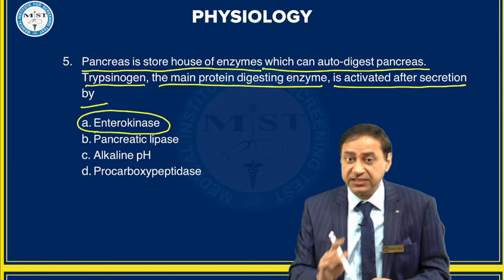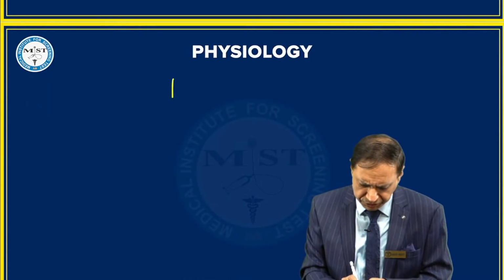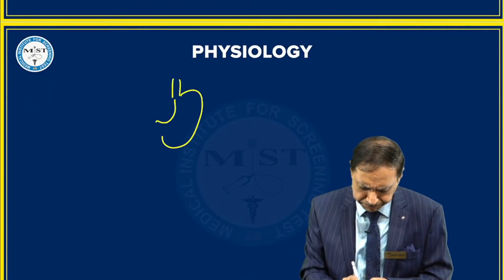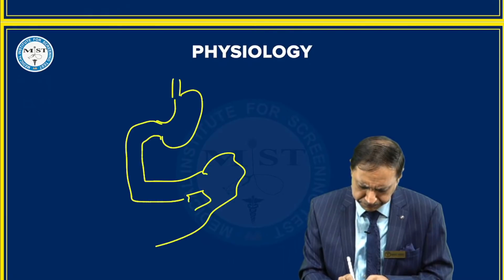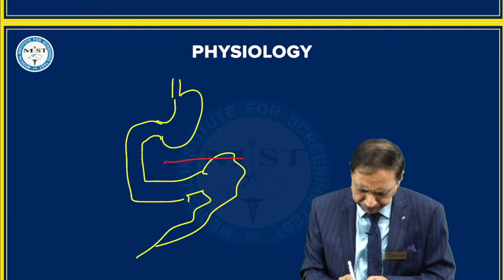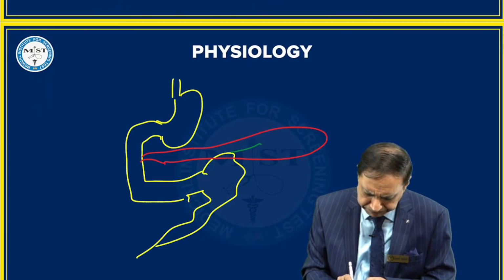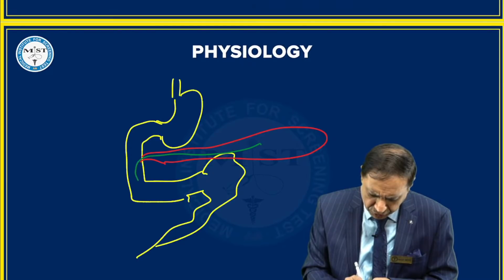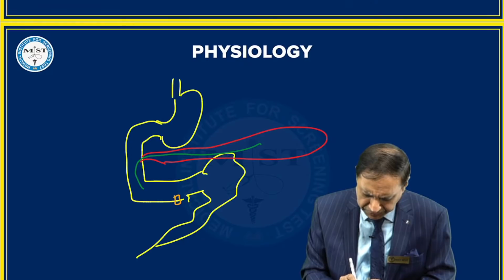Enterokinase is a fixed enzyme in the GIT. If you see the GIT, from the pancreas what is released? Trypsinogen. And there is one enzyme here, a fixed enzyme in the intestinal wall.